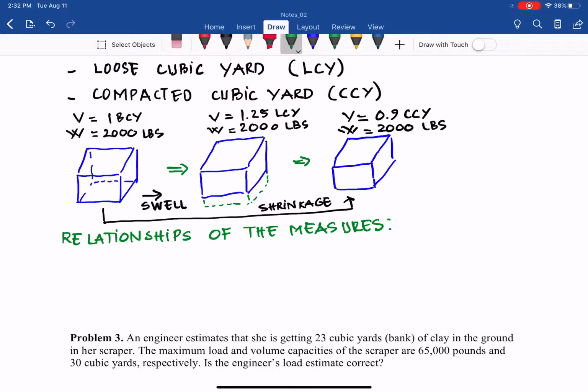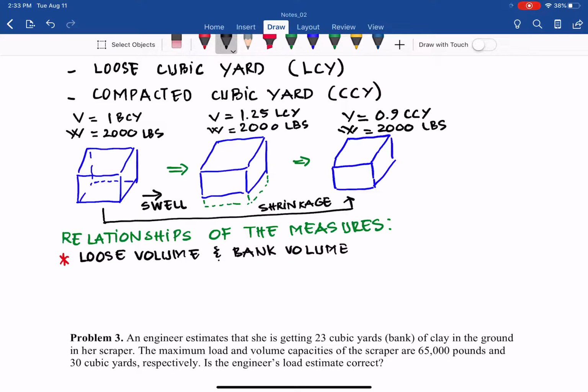So there are two scenarios. If we want the loose volume and the bank volume, what is the relationship between the two? That is the first we want to investigate. Loose volume and bank volume. So loose is already disturbed, and bank is the natural condition, and it is measured by percent swell.